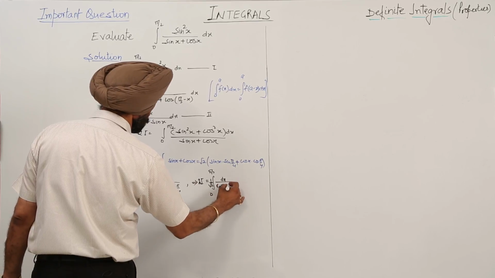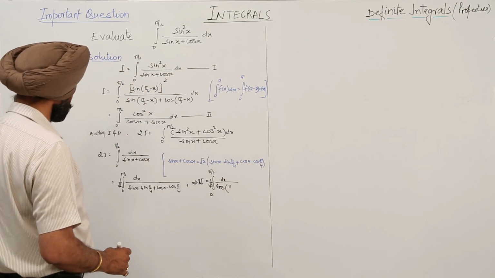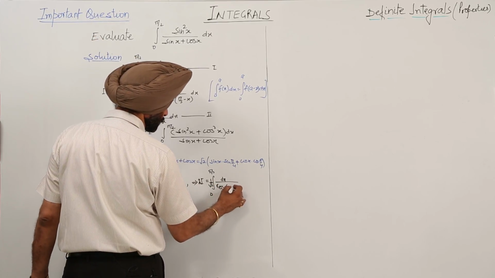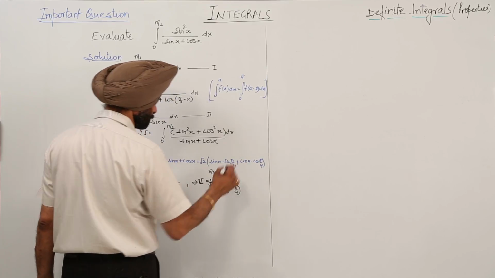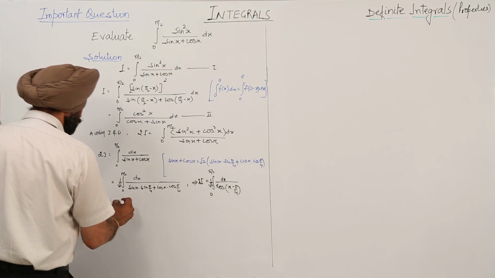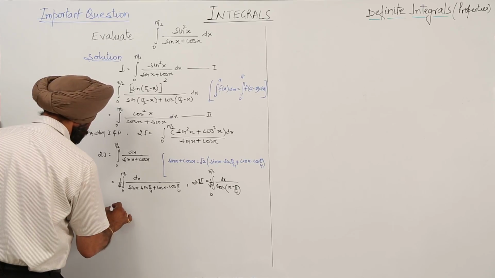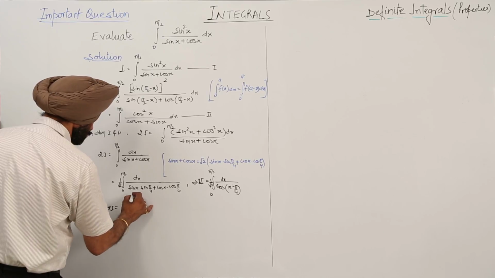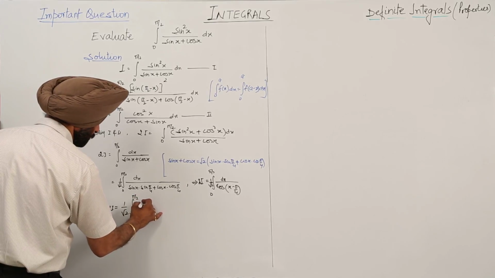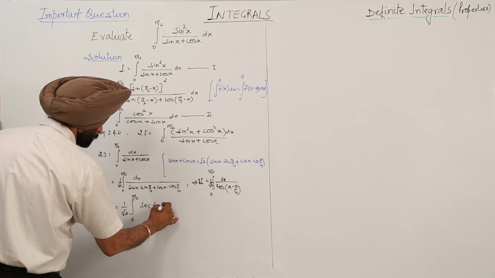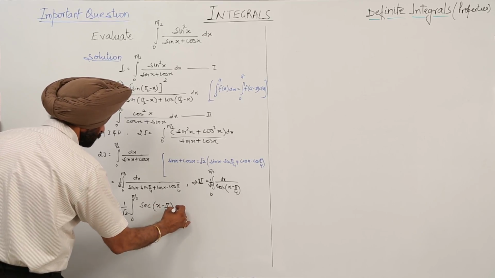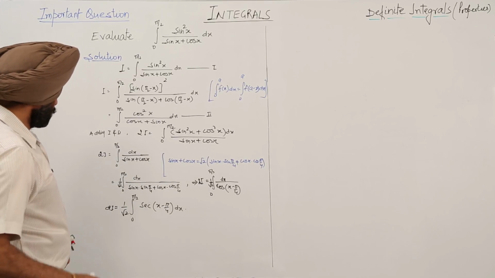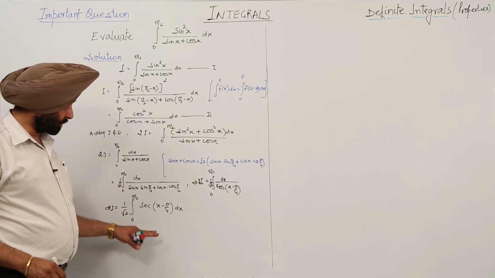This becomes cos, it becomes cos of x minus pi by 4. Is it clear? Now this 2I is equal to 1 upon root 2 integral 0 to pi by 2 secant of x minus pi by 4 dx.